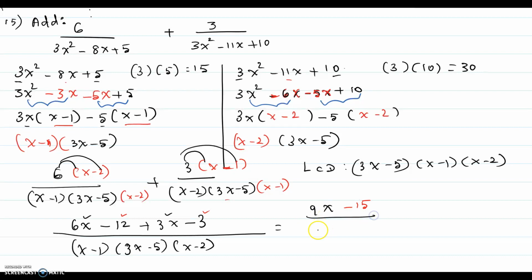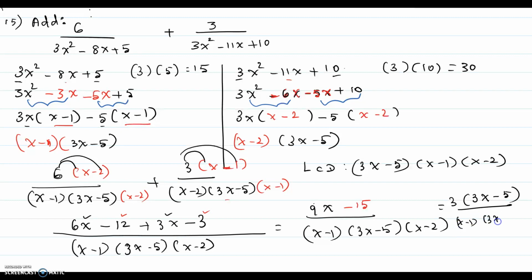The denominator is x minus 1 times 3x minus 5 times x minus 2. So in the numerator though, 3 is a common factor and you are left with 3x minus 5. Denominator is x minus 1 times 3x minus 5 times x minus 2.